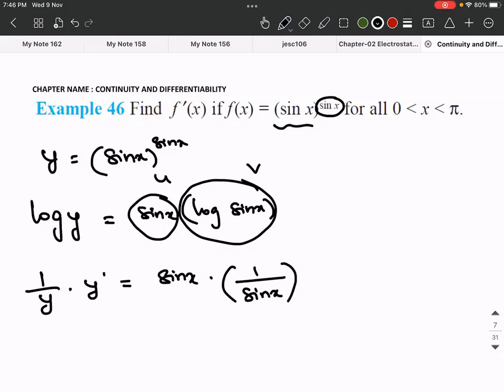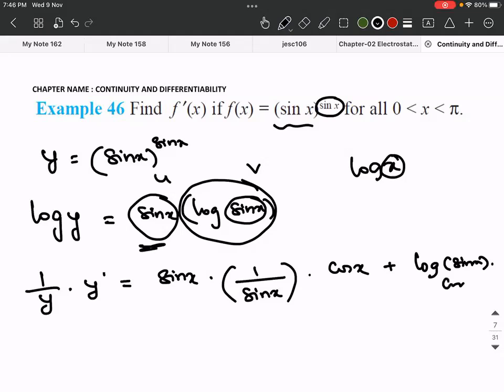Dilip, just to clarify, here, should I use chain rule or not? Yes, sir, I should use it because I don't have log x. If it is something else, I need to use chain rule. So 1 by sin x into, I need to use chain rule to differentiate this. That is going to be cos x, plus log of sin x into derivative of sin x, which is cos x.